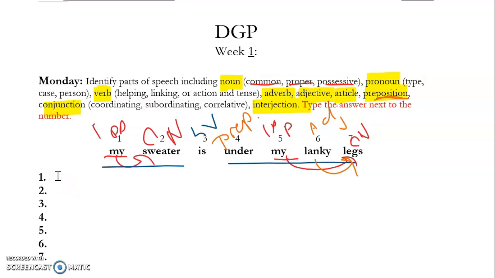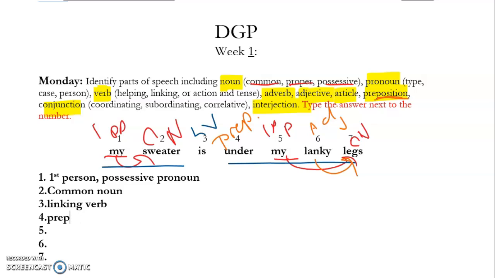So number one, we have a first person possessive pronoun. Number two, we have a common noun. Number three is a linking verb. Number four is a preposition.